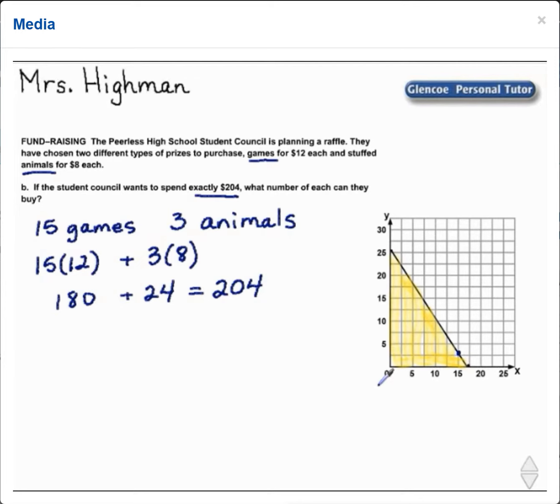How about if we go to about 9 games and follow that up? And it looks to be about 12 stuffed animals. So let's check that out. 9 games and 12 stuffed animals.